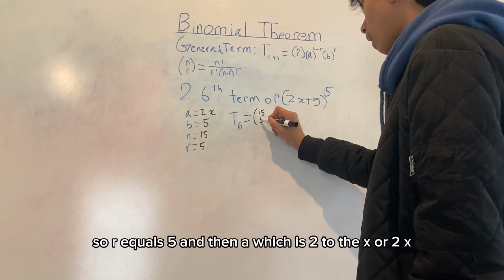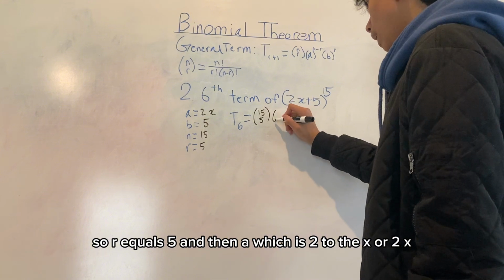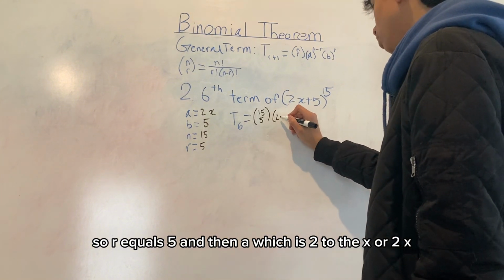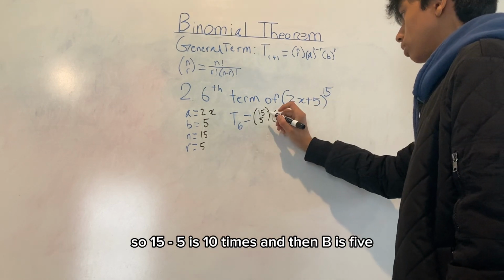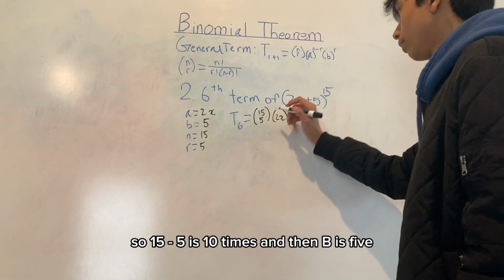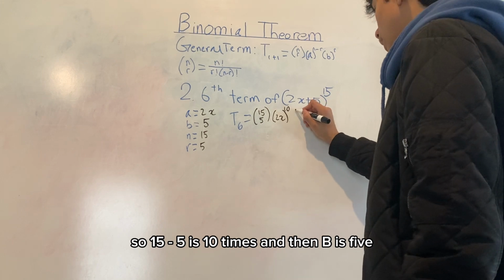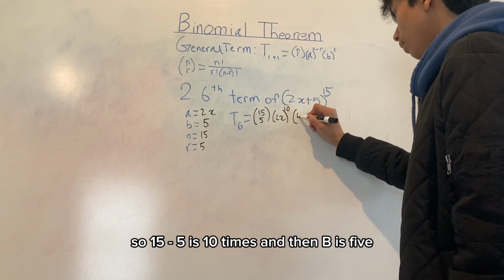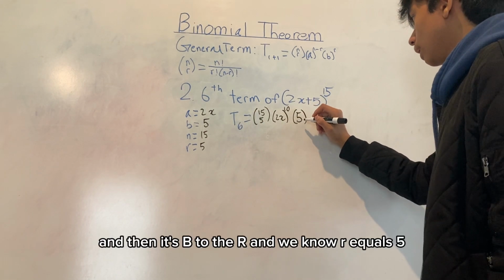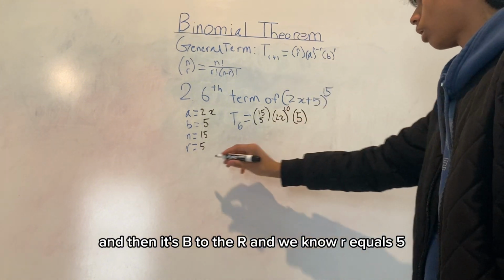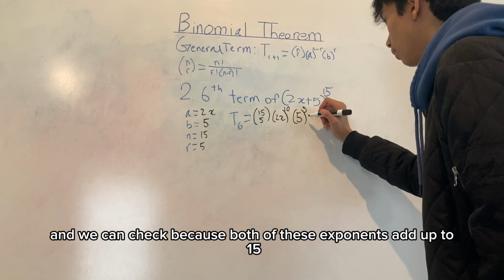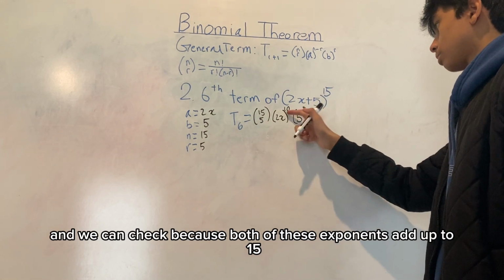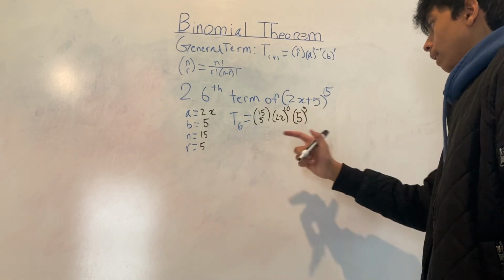So r equals 5, and then a, which is 2 to the x, or 2x, I mean, and then that's raised to the n minus r. So 15 minus 5 is 10, times, and then b is 5, and then it's b to the r, and we know r equals 5, so it's going to be 5 to the 5. And we can check because both of these exponents add up to 15, and this is the sixth term.